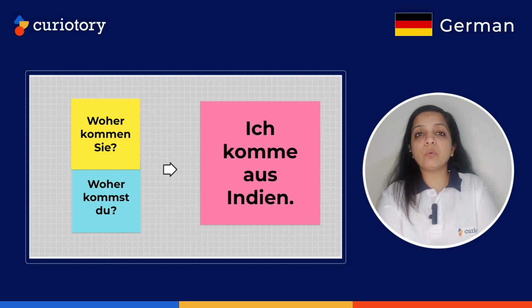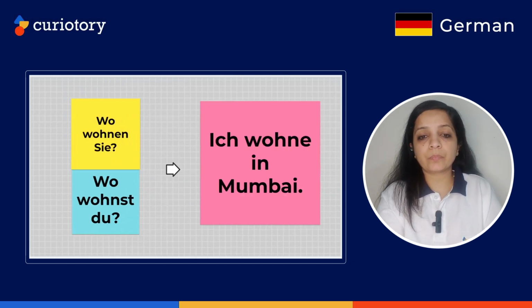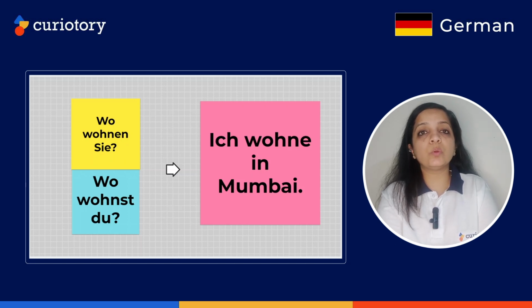Now, if you want to know where the person is living currently or where is the place of residence of that particular person, you will ask this way. Wo wohnen Sie? So it means where do you live? In the formal way.